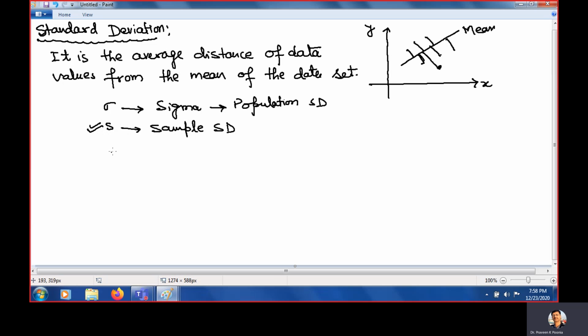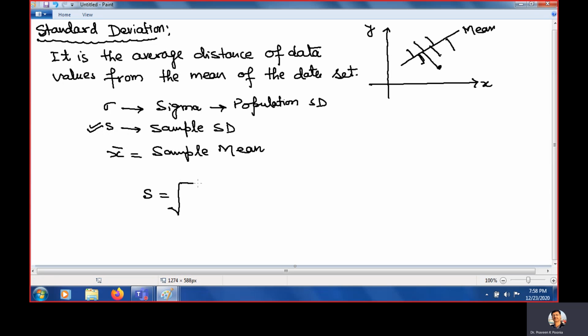And what is the formula for sample mean? This is x bar. This is sample mean, if you remember. Clear? There were two notations for mean. One is x bar, I need to choose sample mean. Then what is the formula for sample standard deviation?